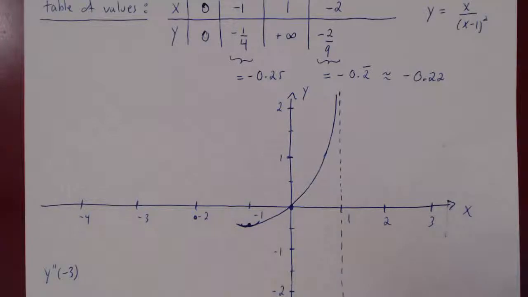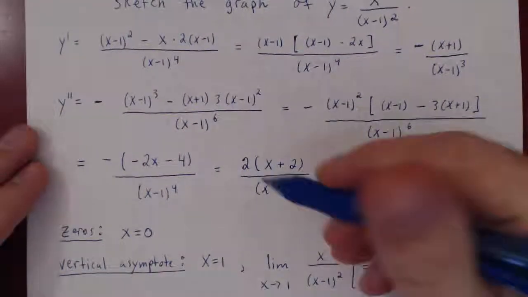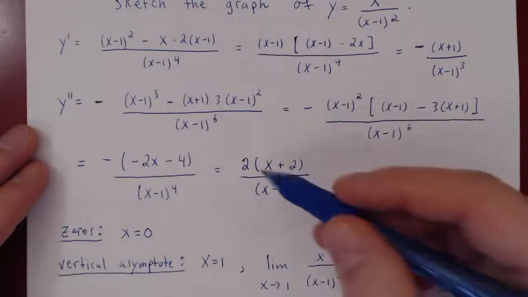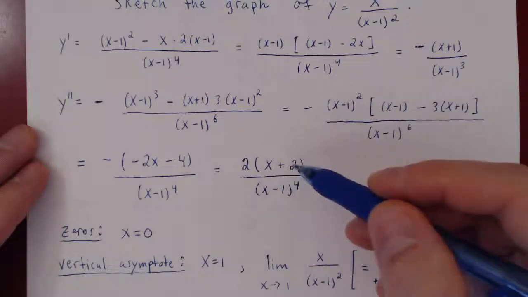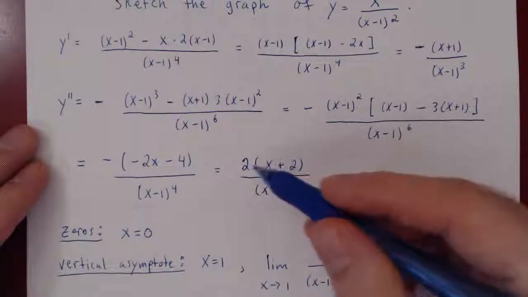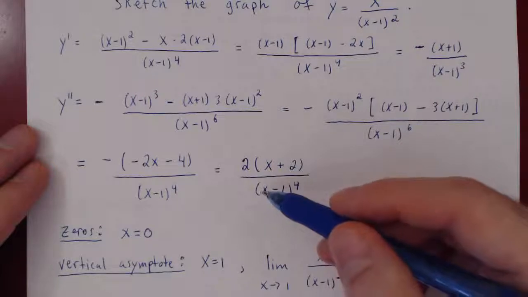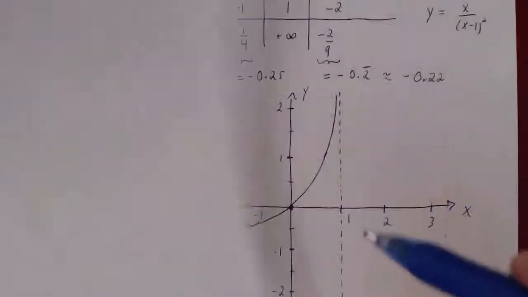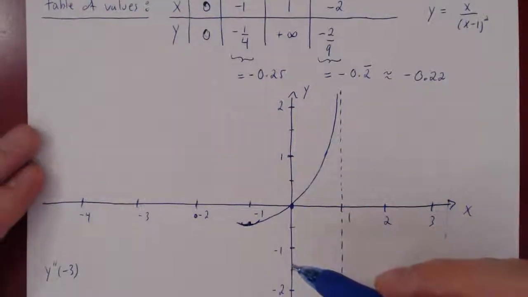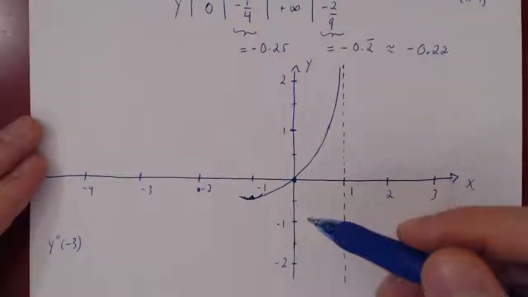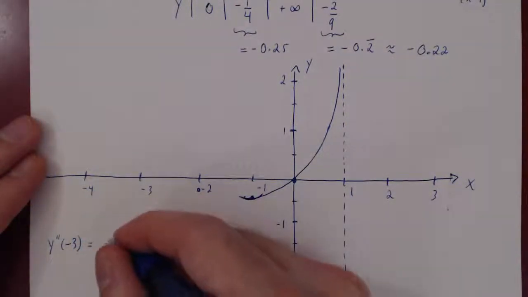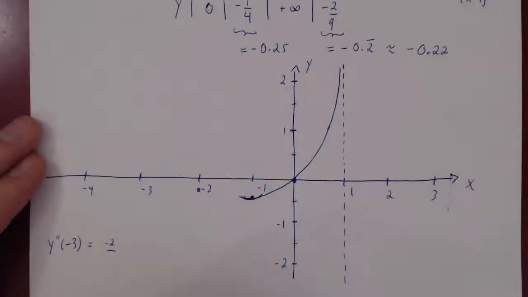well, let's remind ourselves what was the second derivative. It's 2 times x plus 2 over x minus 1 to the 4th power. So at -3, we'll have -3 plus 2, that's -1, times 2, -2, over -4 to the 4. So the second derivative at -3 is -2 over -4 to the 4.